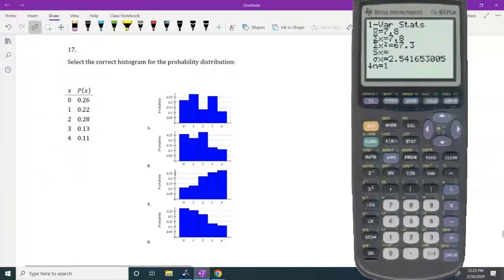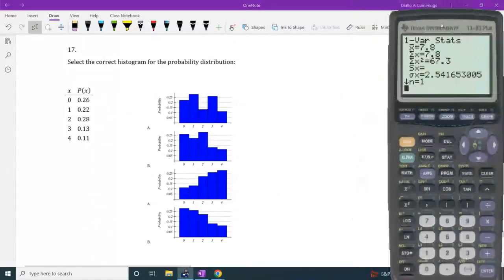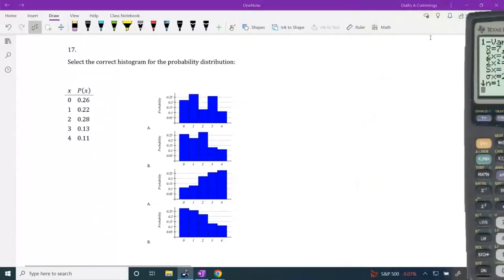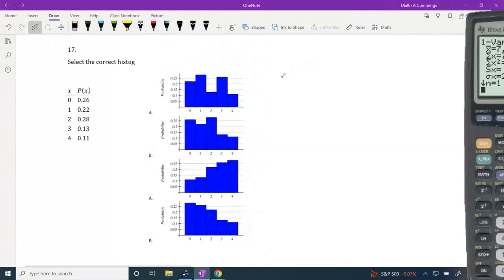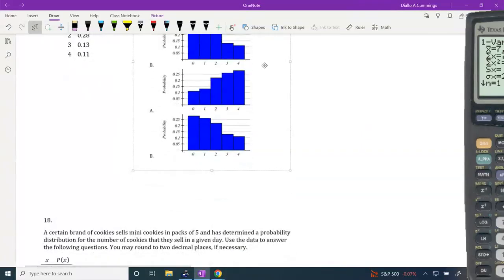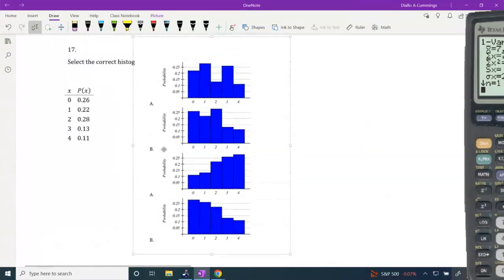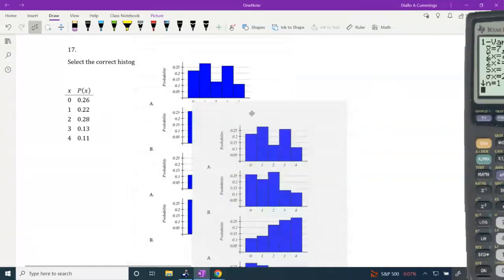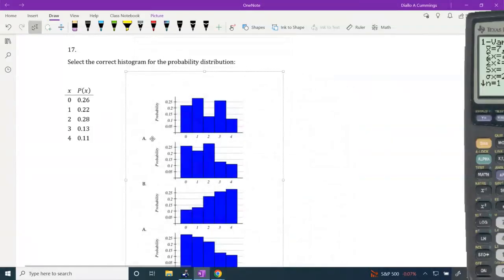All right, 18 says select the correct histogram for the probability distribution. Let's see if I can blow this up a little bit. I don't know why this thing says like A, B, A, B. All right, but anyway, on the probability distribution histogram, your random variable is along the horizontal axis.